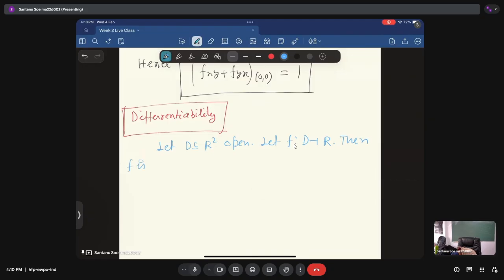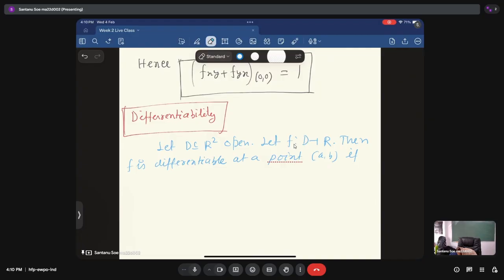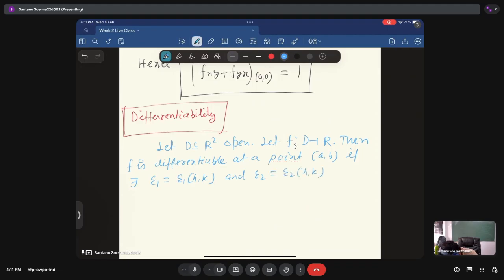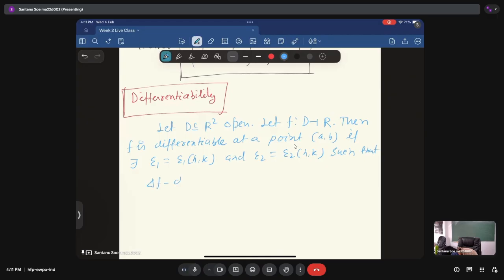Then f is differentiable at a point (a, b) if there exist epsilon 1 equals epsilon 1 of (h, k) and epsilon 2 equals epsilon 2 of (h, k), such that del f minus df equals h epsilon 1 plus k epsilon 2, where epsilon 1, epsilon 2 tend to 0 as (h, k) tends to (0, 0).